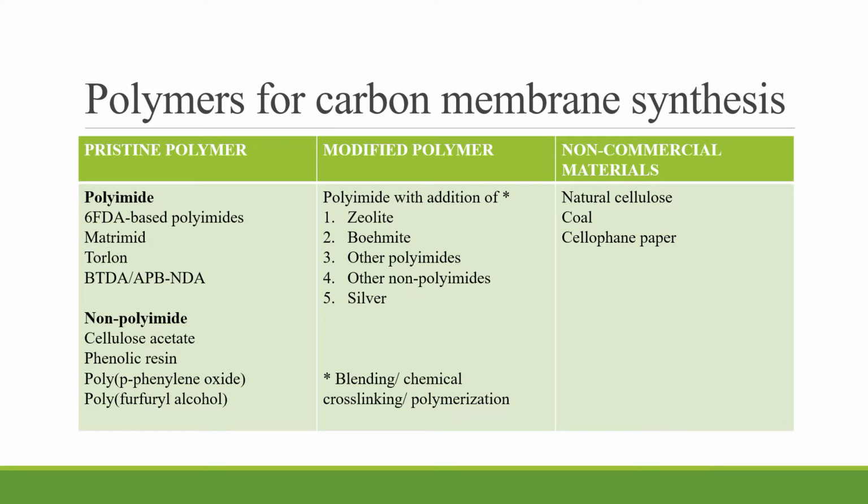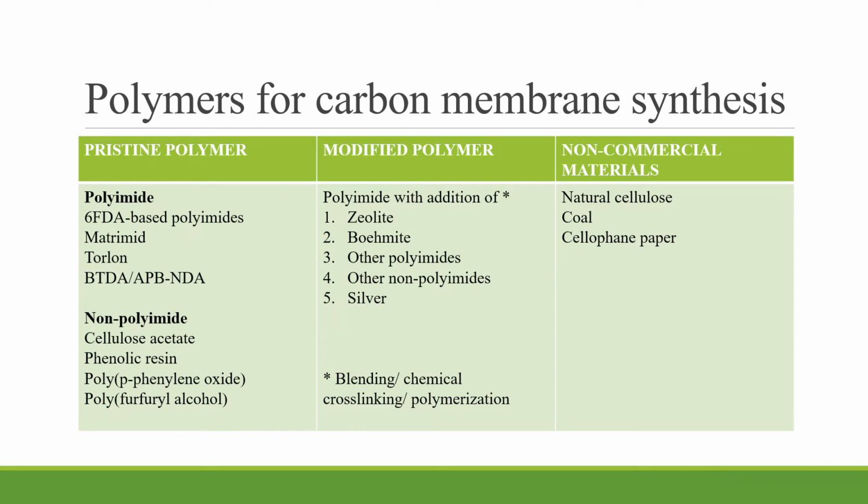These are some of the examples that we collected based on our literature survey. The pristine polymers can mostly be divided into polyimide and non-polyimide polymers. These are most of the polymer materials being used for the studies.